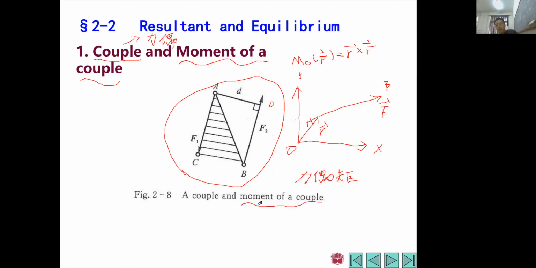So here we are talking about the moment of a couple. This moment is by two forces, right? So there is some relationship between this moment and that moment. The biggest relationship is that their effect on a body system is the same. They all try to let that body or body system do some rotational movement, right?